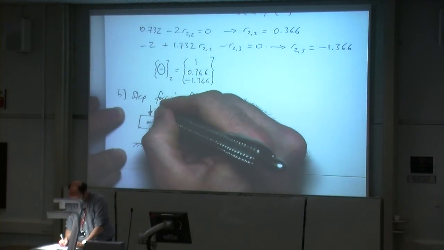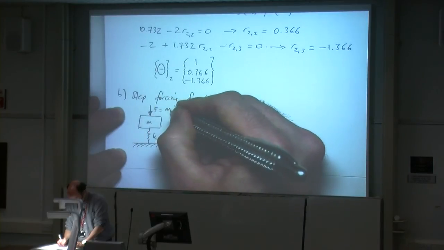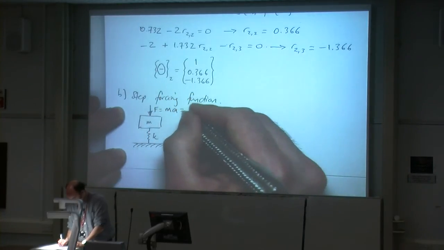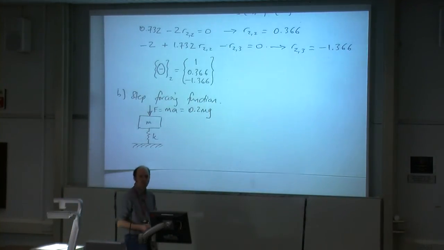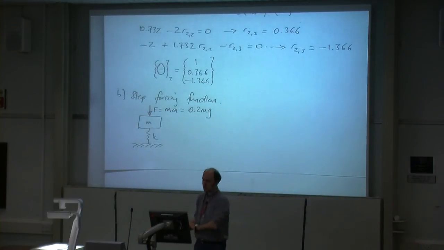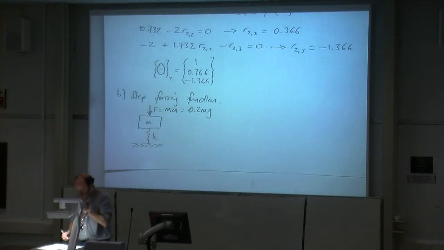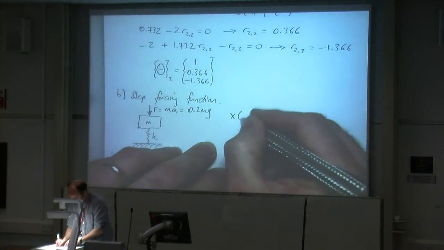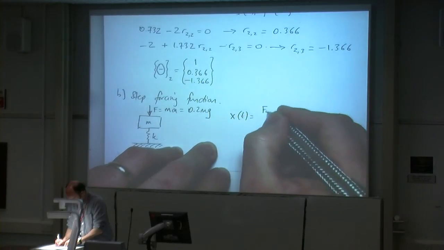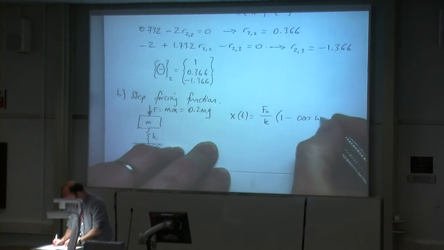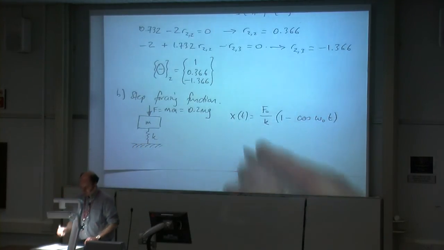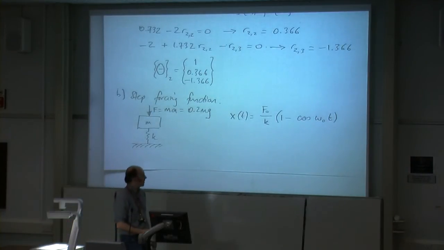F is going to be M times our acceleration, so that's going to be 0.2 mg. The question says to sketch the oscillation. Well, we know for a step forcing function, x of t is F naught upon k, times 1 minus cosine omega naught t. That's on your equation sheet. I haven't just popped up with that. It's there in front of you.